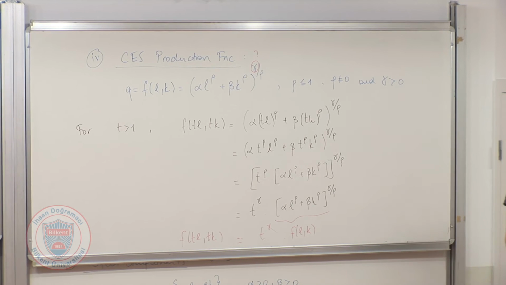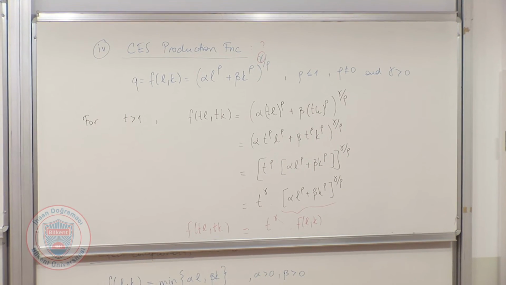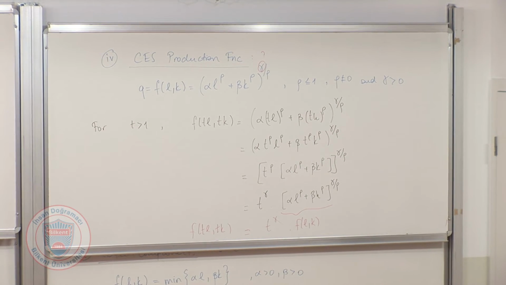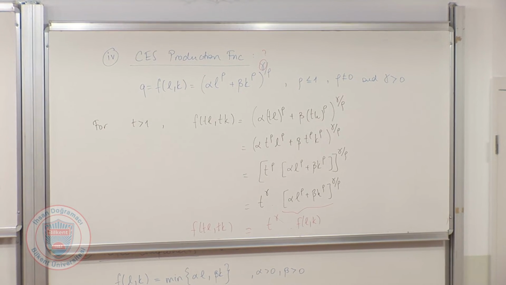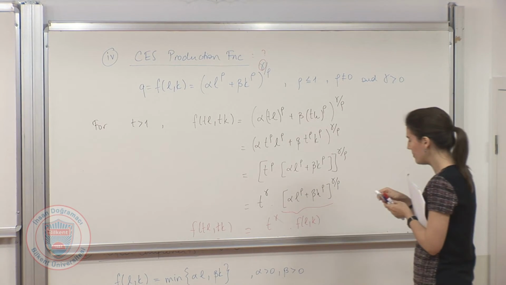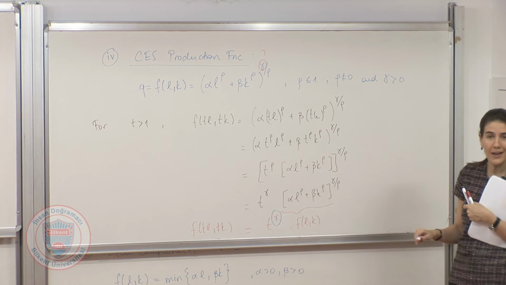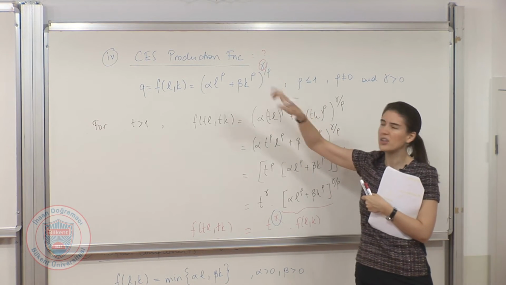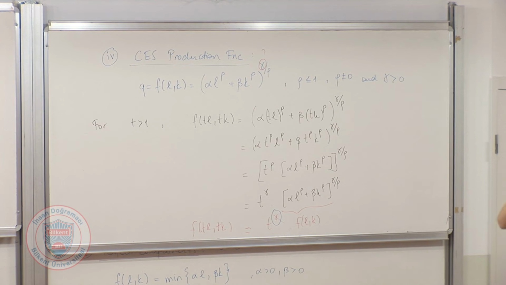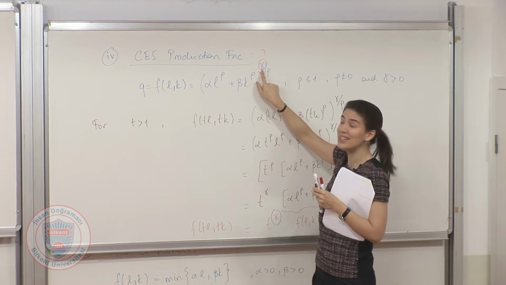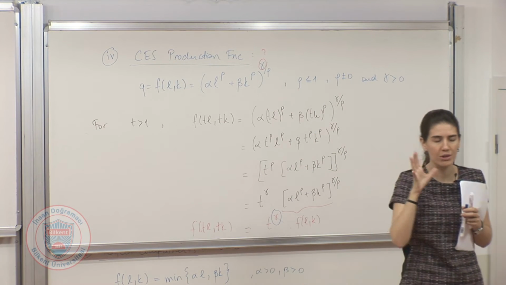So what is this? Do we have increasing returns to scale, decreasing returns to scale, or constant returns to scale? Again, it depends, right? As you said, hocam, it will depend on this gamma. That's why we have this in the production version compared to the one that we have in consumer theory. We could have put it in the consumer version as well, but for production functions, this is there to govern the returns to scale.